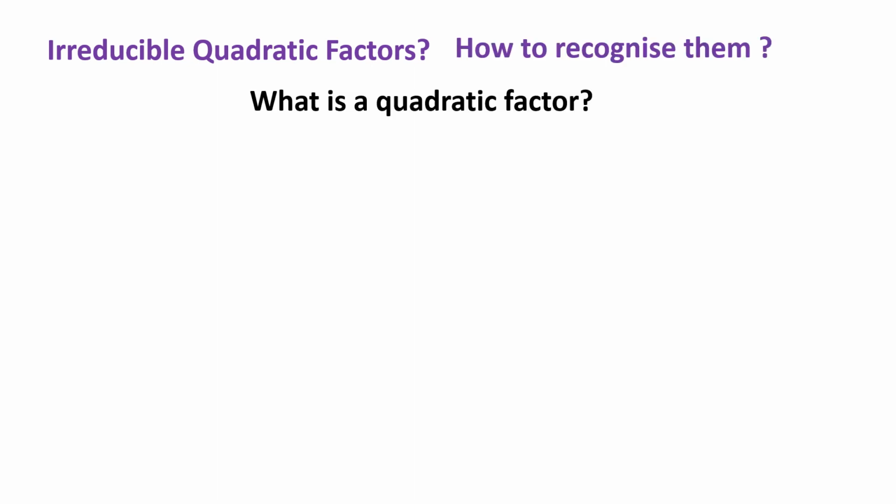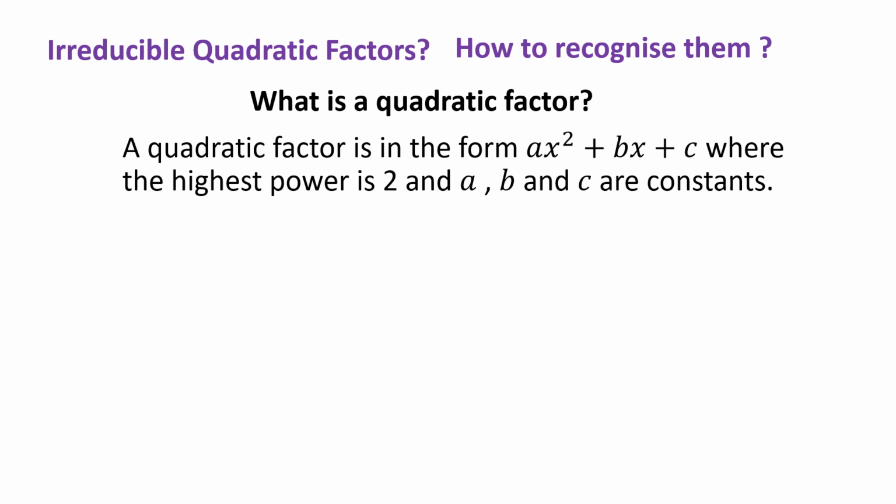A quadratic factor is in the form ax^2 + bx + c, where the highest power is 2, and a, b, and c are constants, and a is not equal to 0. It's very important that a is not equal to 0, because if a is equal to 0, then you end up getting bx + c, which is a linear factor. We have already learned what linear factors are, so we don't want a equal to 0.